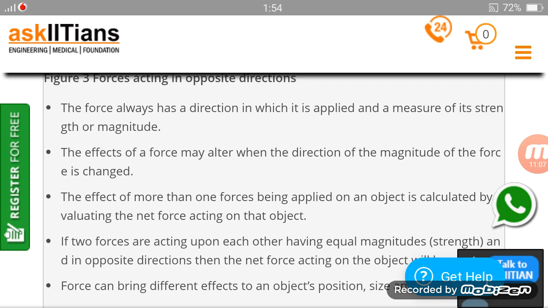Magnitude is something used to measure how much force is applied. So a force always has a direction and a magnitude.